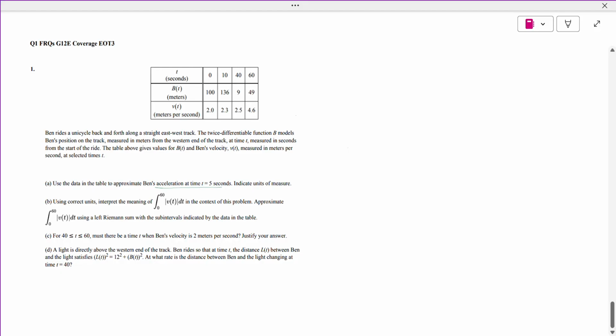So the acceleration at t equals 5 is between t equals 0 and t equals 10. So this is what we are going to use in part A. The answer of part A would be V of 10 minus V of 0 over 10 minus 0.